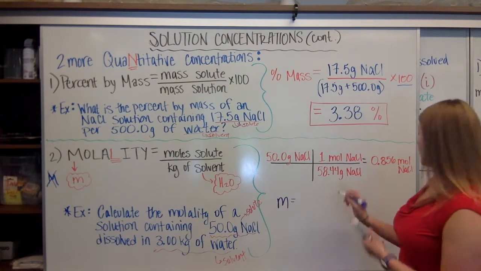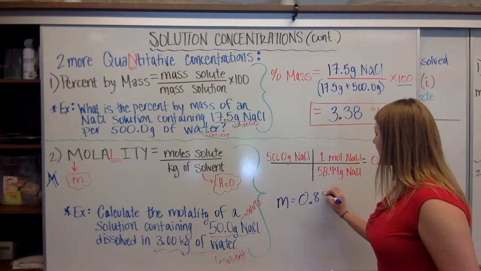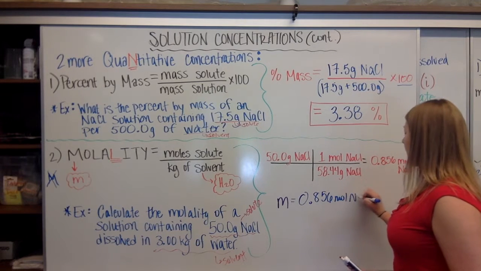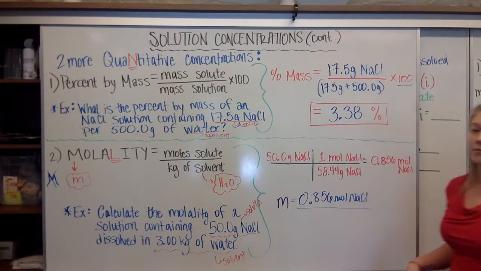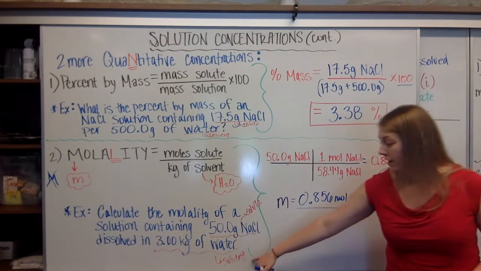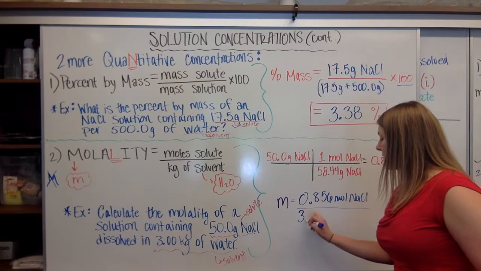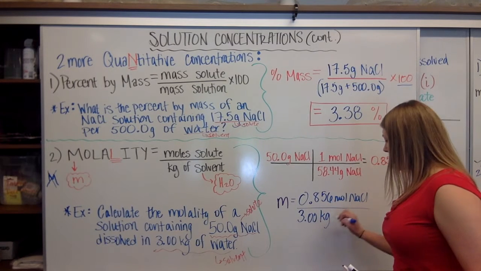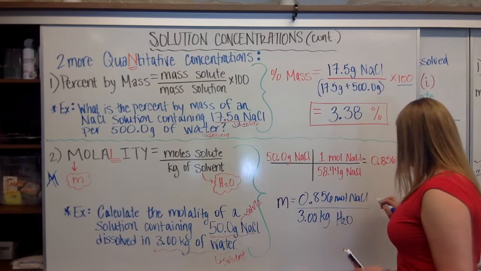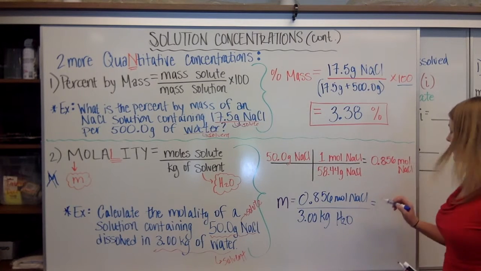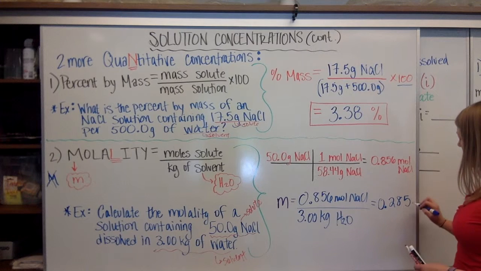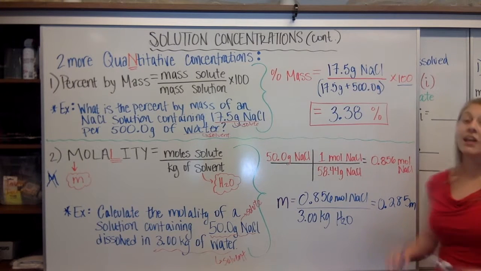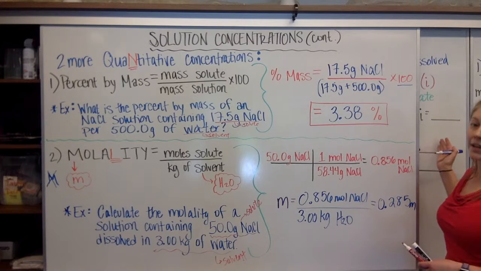That's going to go on top here, so 0.856 moles of NaCl divided by kilograms of solvent. Here it's water, 3 kilograms of H2O. And when you divide this, you get 0.285 molal. Okay, not molar, because this is not molarity.